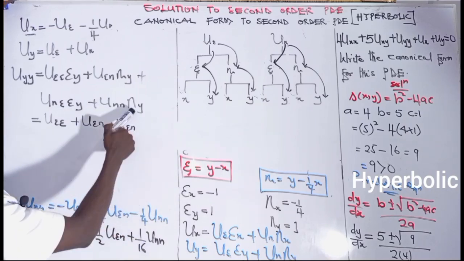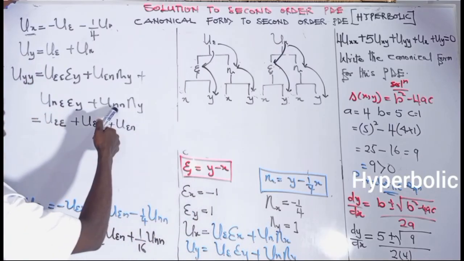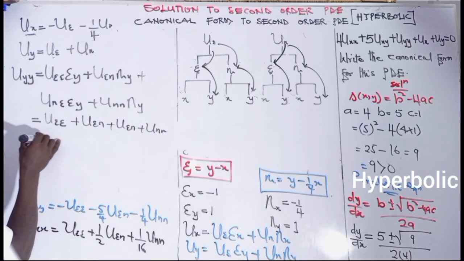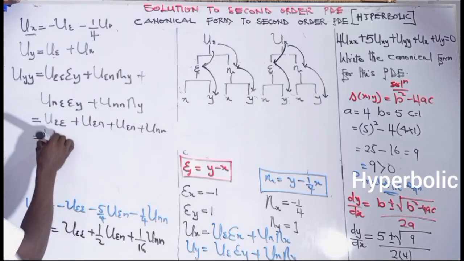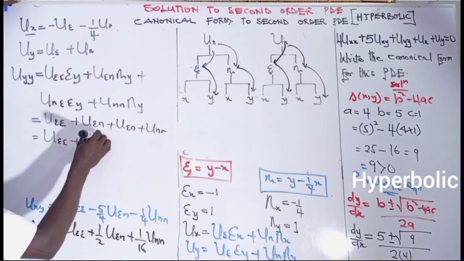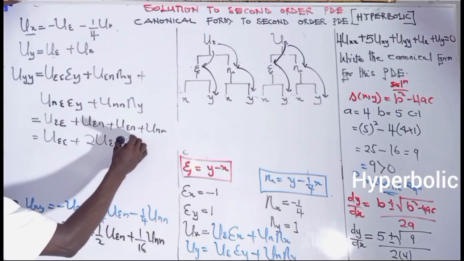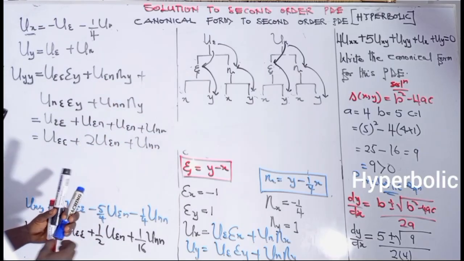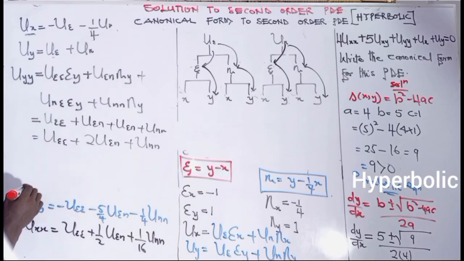And then eta y is 1, so this gives us u eta eta. From here we can add this together to get u zeta zeta plus 2u zeta eta plus u eta eta. So we also have the expression for uyy.